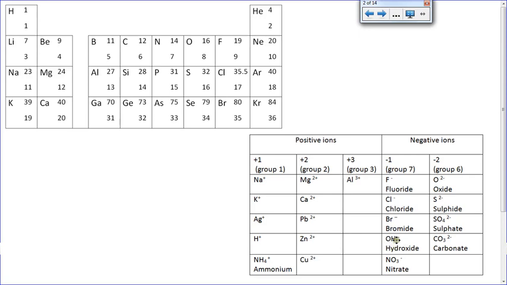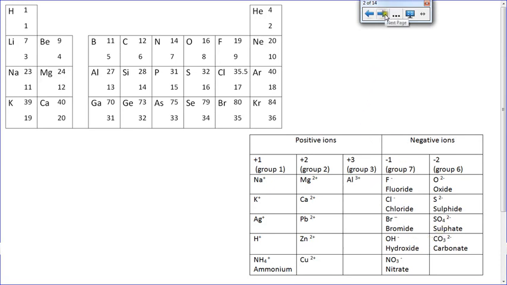It's an oxygen and a hydrogen, and they're bonded together, but they've also got a charge. So the complex ions that we'll look at later are hydroxide, sulfate, carbonate and nitrate. The ate, by the way, tends to mean has oxygen added to it. So carbonate has oxygen, sulfate has oxygen, and so on.